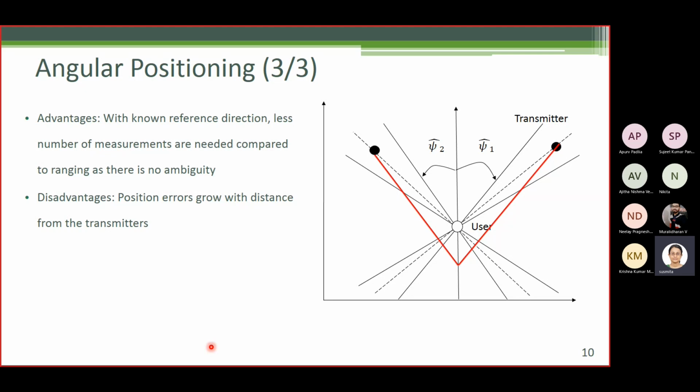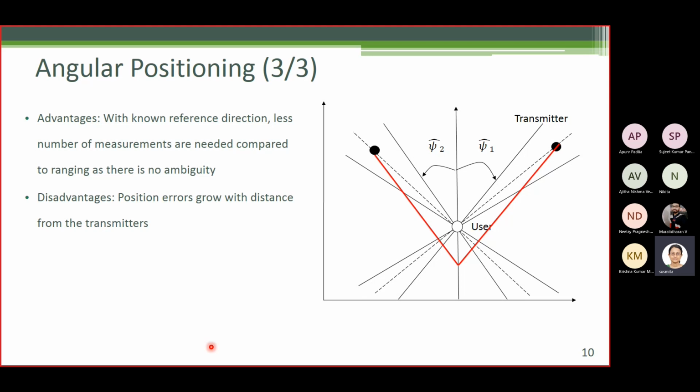In case of 2D, we require 2 bearing measurements. In case of 3D also we require 2 transmitters, because we make bearing measurements to 2 transmitters, and then for 1 transmitter we can make elevation measurement, and we get 3D position with the help of 2 transmitters, right? So with less number of transmitters we can find the user position unambiguously.